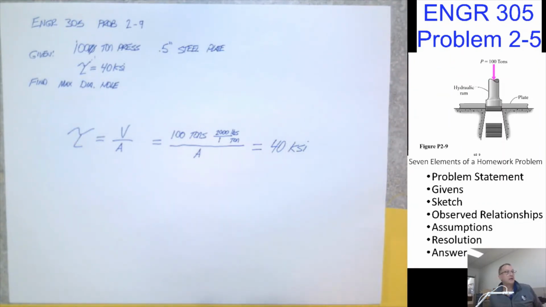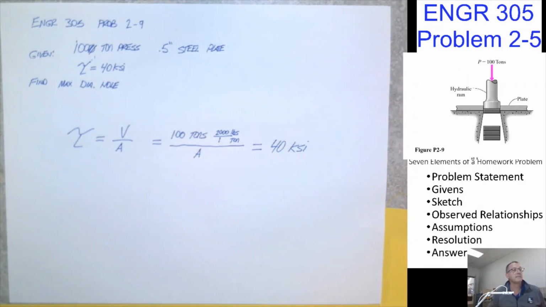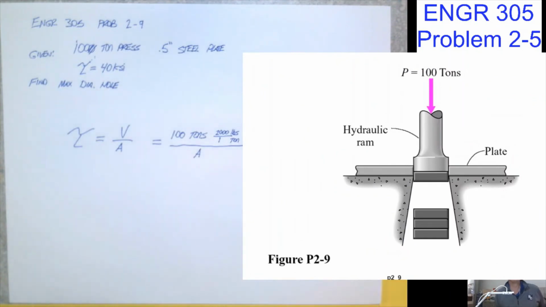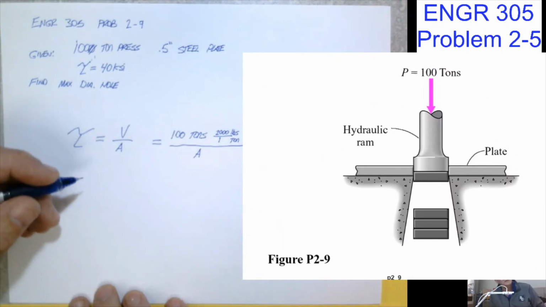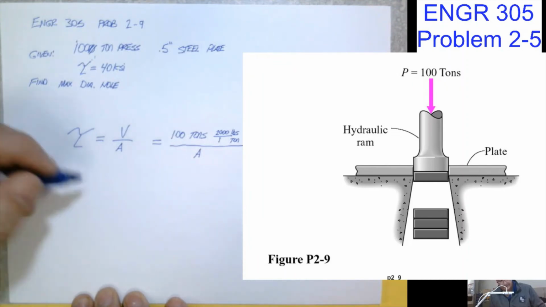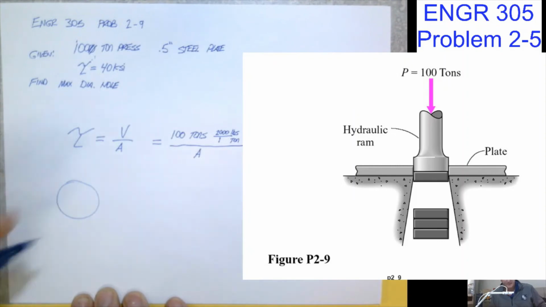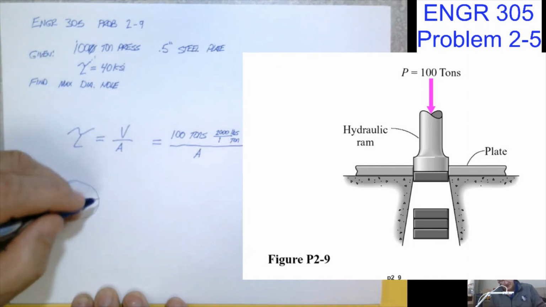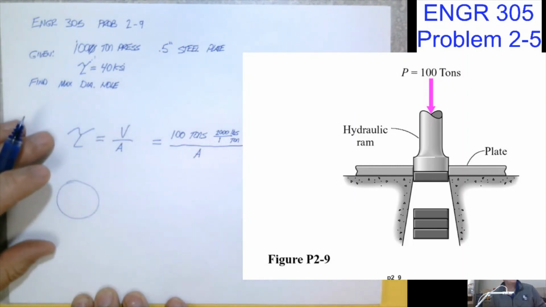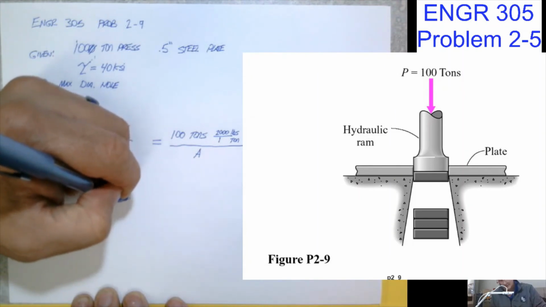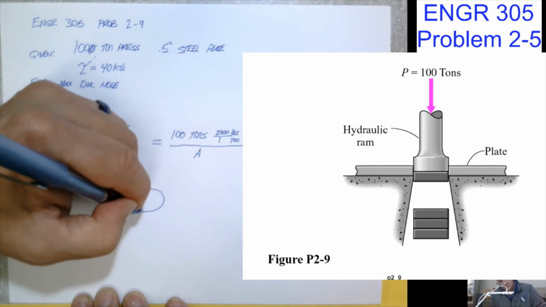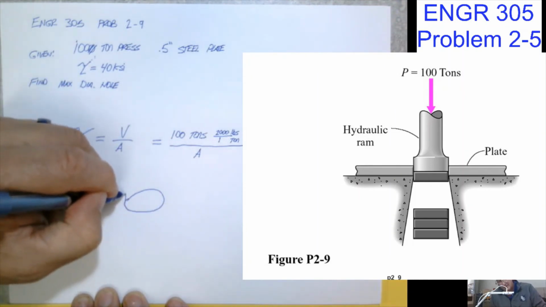So what's my area? And for that, I think we need to look at our picture on the side. I'm going to blow this up. There you go. Now, that area is a circle. If I look at it from the top, it looks like this. But when I look at it from the side, I've got to draw an ellipse here. It's got thickness.